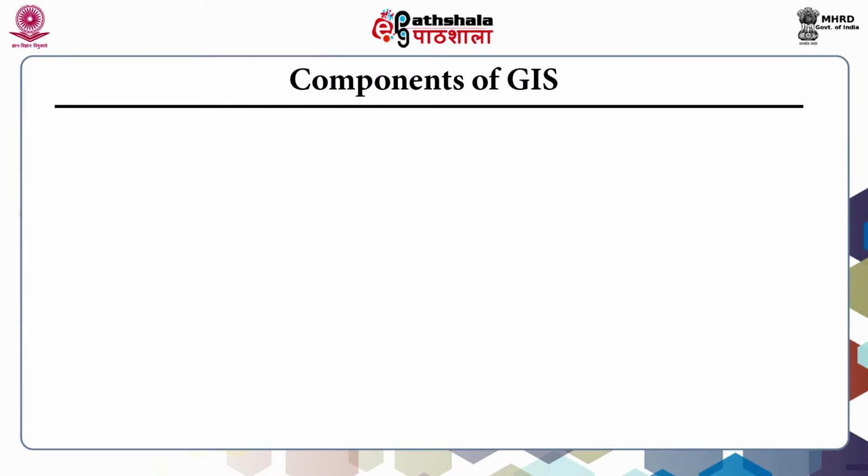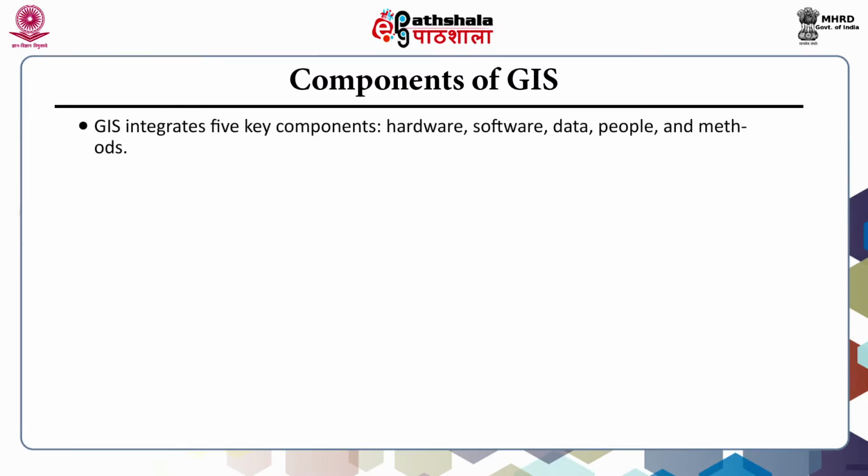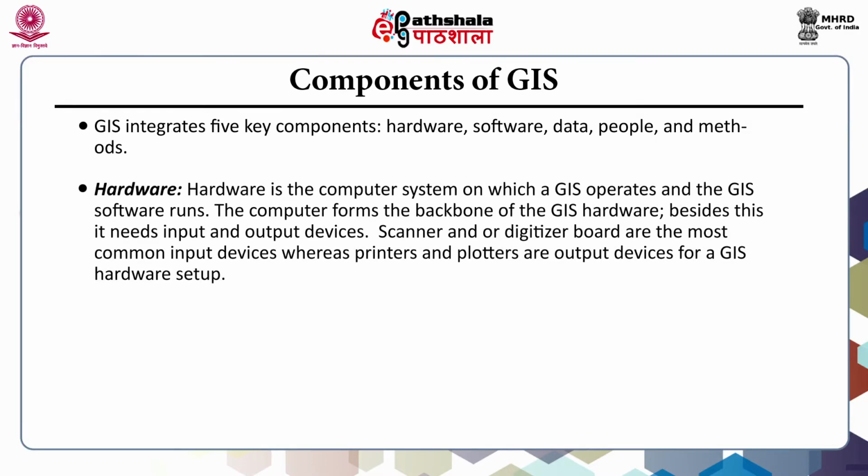Now, components of GIS. GIS integrates 5 key components: hardware, software, data, people, and methods. Hardware. Hardware is the computer system on which a GIS operates and the GIS software runs. The computer forms the backbone of the GIS hardware. Besides this, it needs input and output devices.